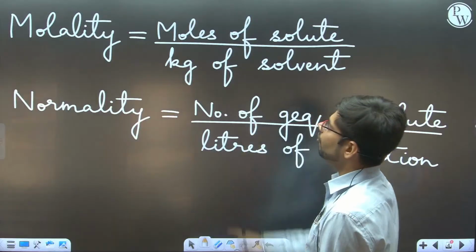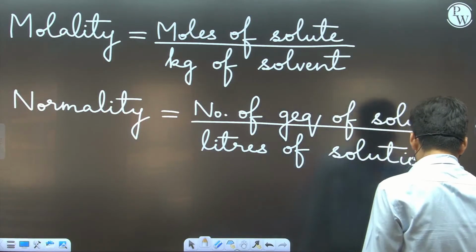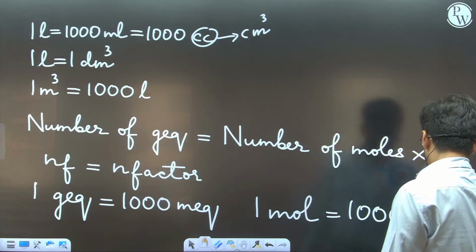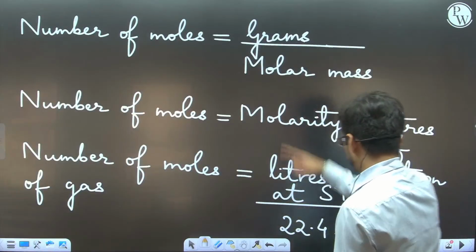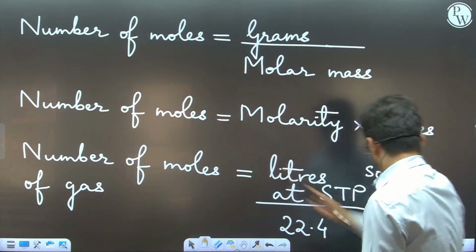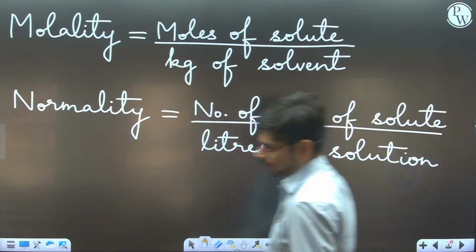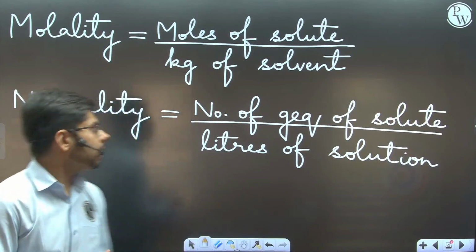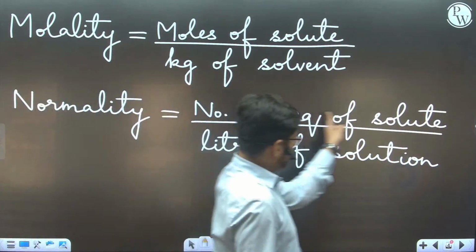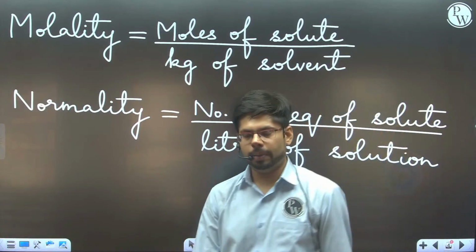Look at the formula of normality and also look at this, that is molarity. If you compare this with this, you will realize that the numerator is different but the denominator is same.